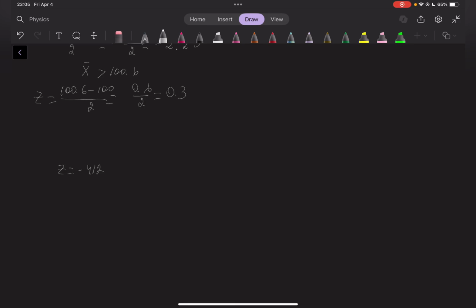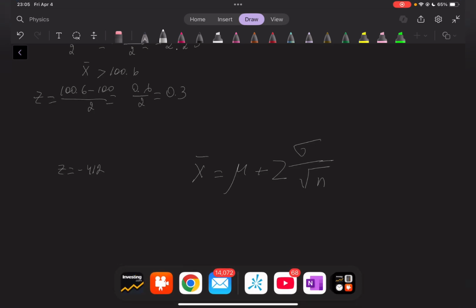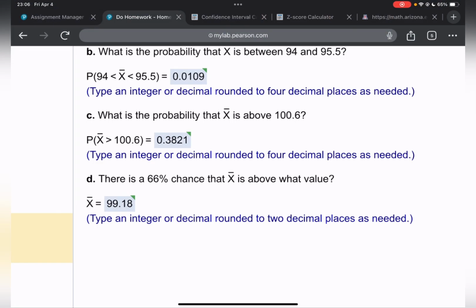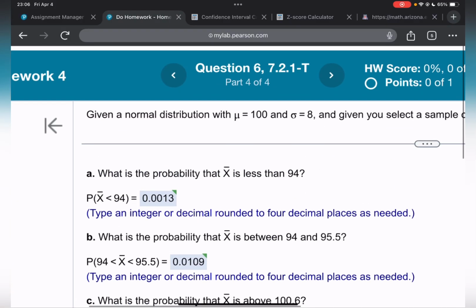The right formula is going to be x bar is equal to mu plus z-score times sigma over the square root of n. Okay, all right. So how much is our mu average? Our average was 100.